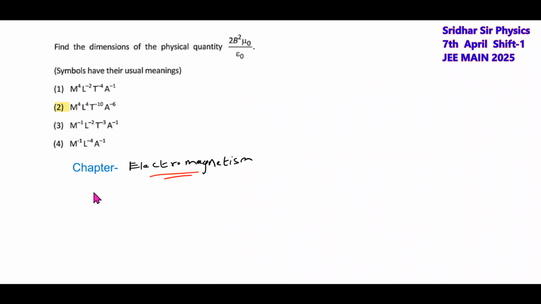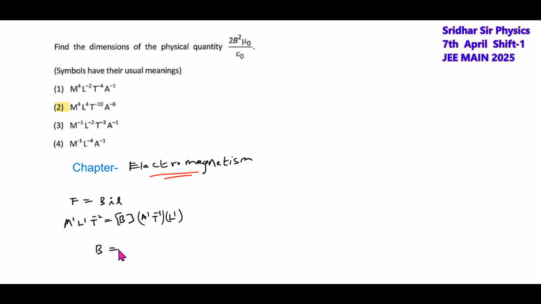First we'll start with the magnetic field. If you can't remember, you can take help of this concept: F equal to BIL. Force we know is M1 L1 T minus 2. Magnetic field we don't know. Current will be A1 and L will be L1.